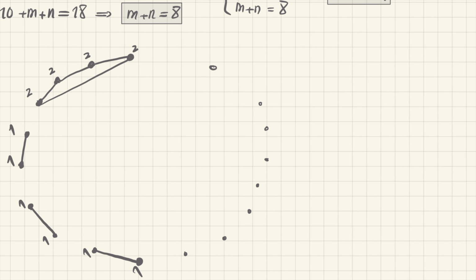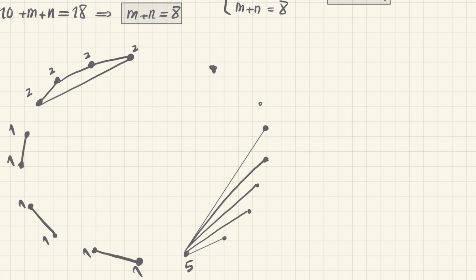For example, let me concentrate here on one of them. I connect it to this one. I want to make this one 5, so this one and that one. Okay, so far 4. And then one more, it becomes 5.